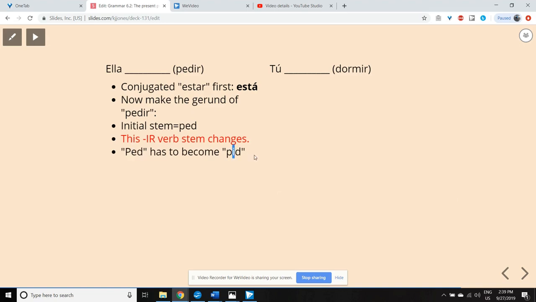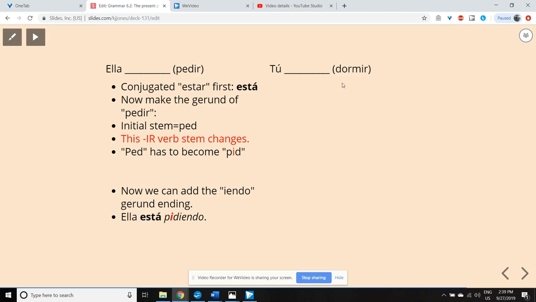See that? Now, once that change is made, now we can add the IENDO gerund ending to this altered stem. And that gives us pidiendo with an I in the stem, not pediendo, that's not a word, pidiendo. And of course, the full expression would be ella está pidiendo.